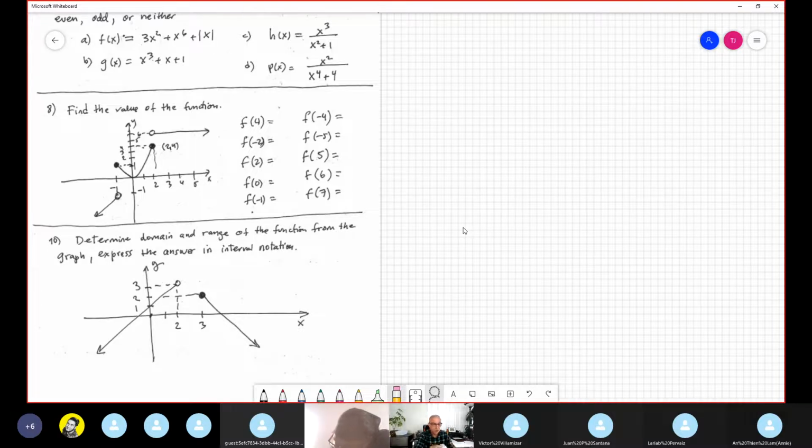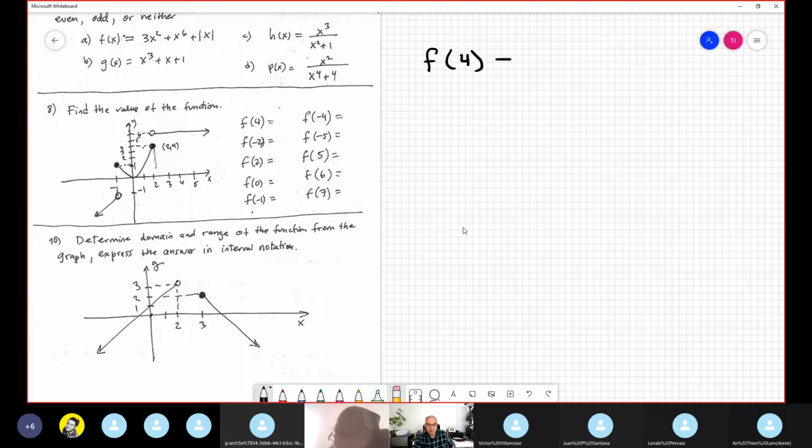Okay, let's move on to the question 8. The question 8 is a typical piecewise function again, evaluate, but in this case it's easy because it's graphically. Okay, suppose this graph is given. And you evaluate, for example, in 4.